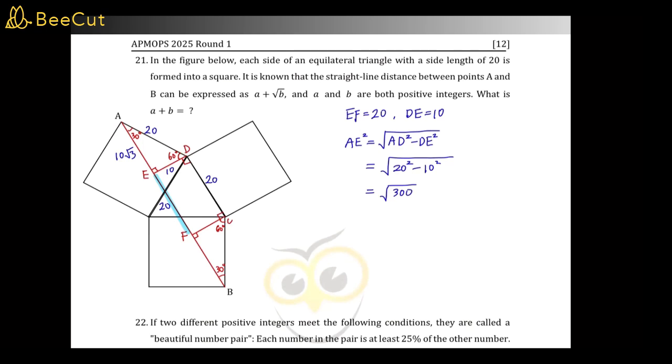So the square root of 300 is simplified: this is 3 times 10 square. If you take out the 10 square, that part is 10. Okay, maybe write one more step. 3 times 10 square is square root 3 times square root of 10 square. Now the square root of 10 square is just 10. So it's 10 times square root 3.